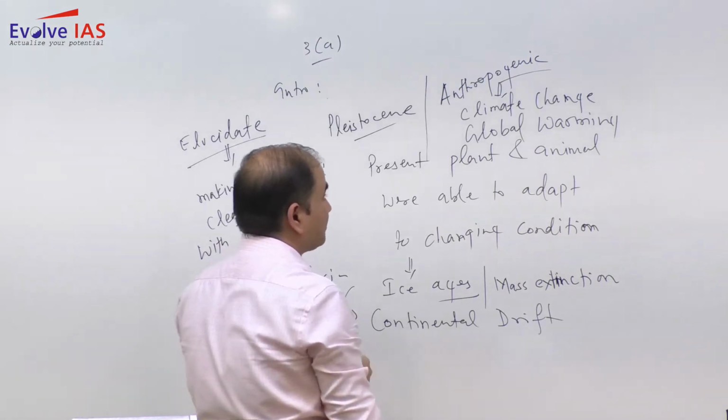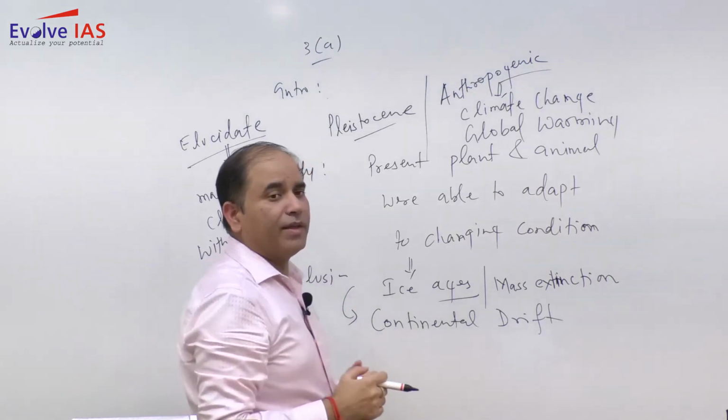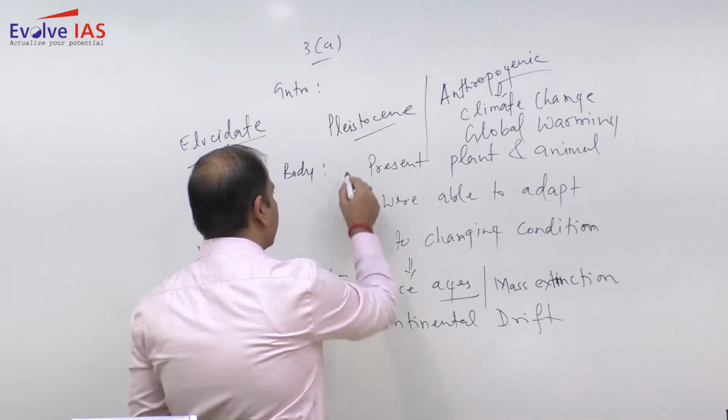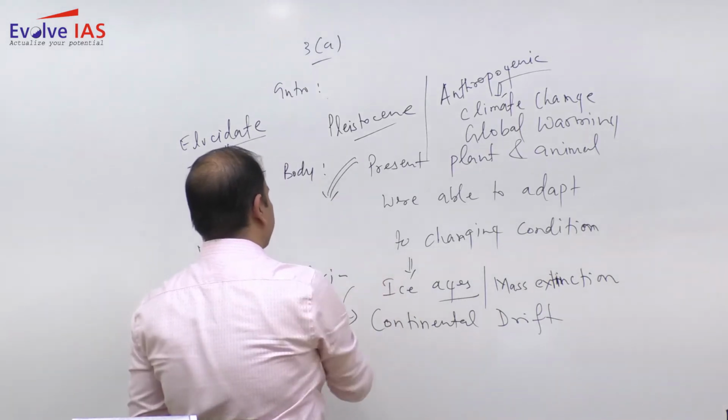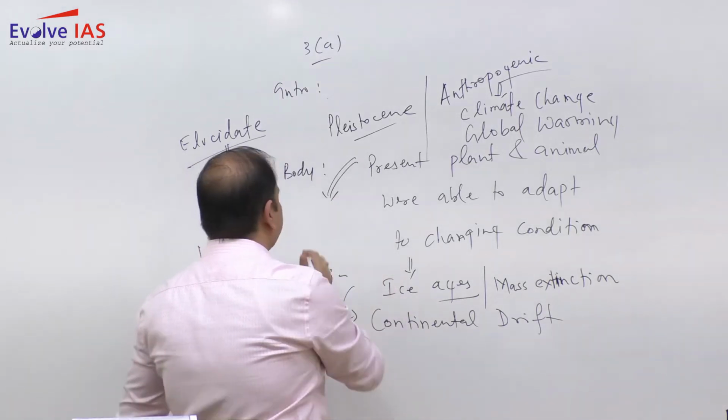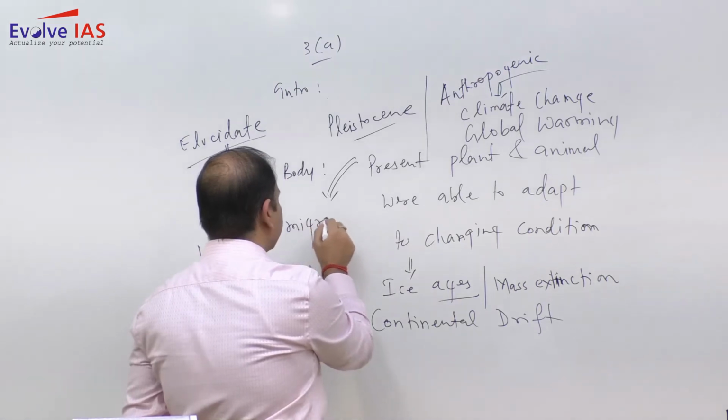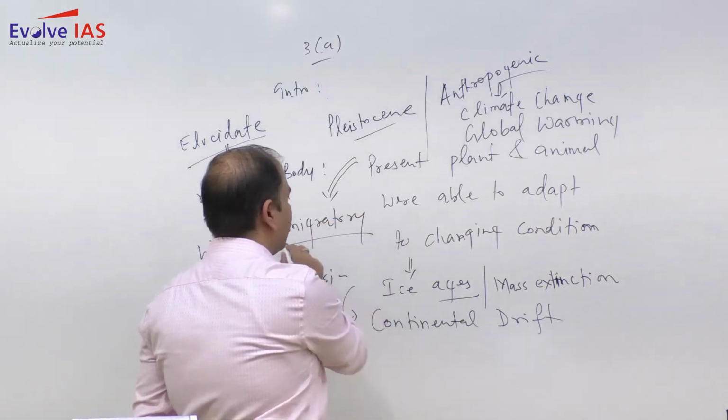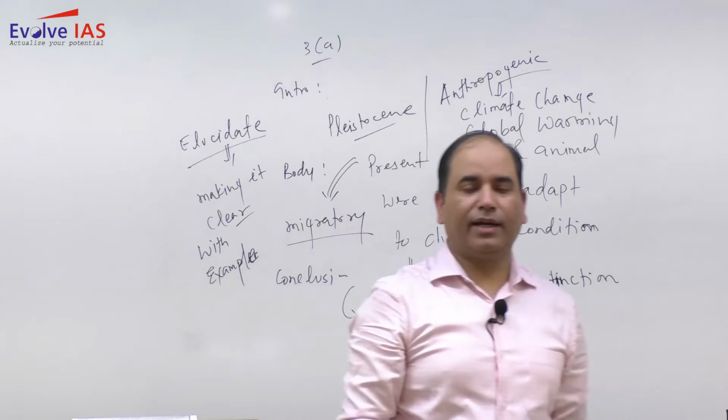Even some of the organisms will adapt, like they will change their habitat. They will become migratory. Like you will have the Amur falcon in the higher latitude.